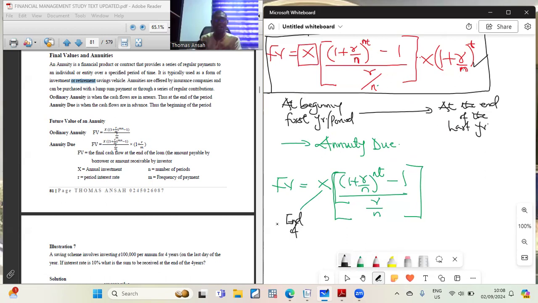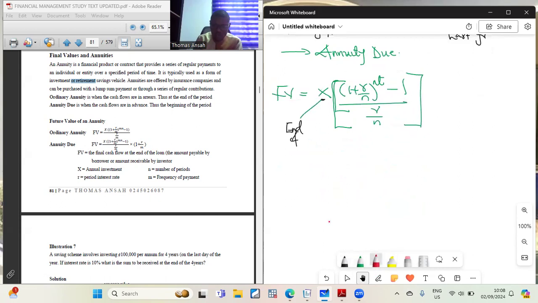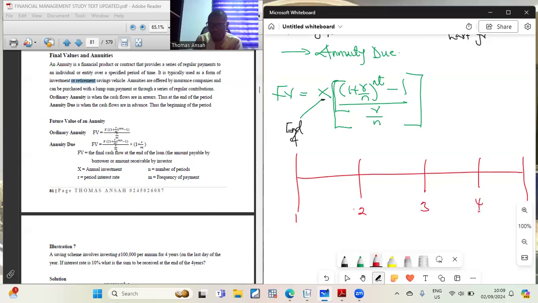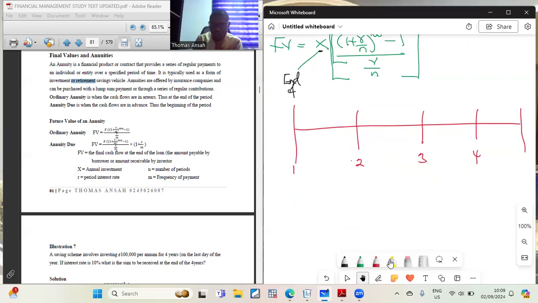So it means that if we use this formula, we are short of 1 year. So that is that. Let me draw the lines for you, so that you can understand it better, just as we did in the first video. So this is it. This is year 1, year 2, year 3, year 4, and year 5. All right.